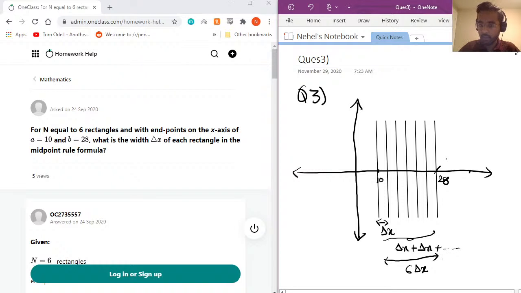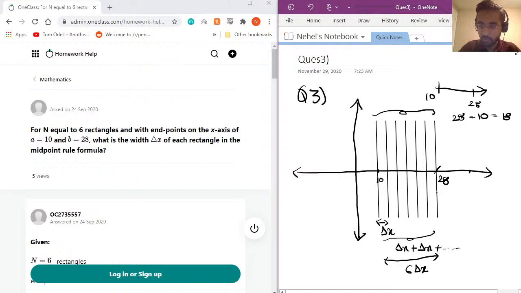Then the length of this portion on the x-axis would be, if we go 28 units from the origin and then come back 10 units, 28 minus 10, which is equal to 18 units.